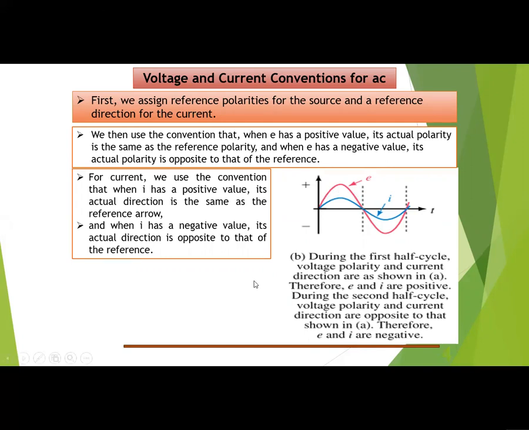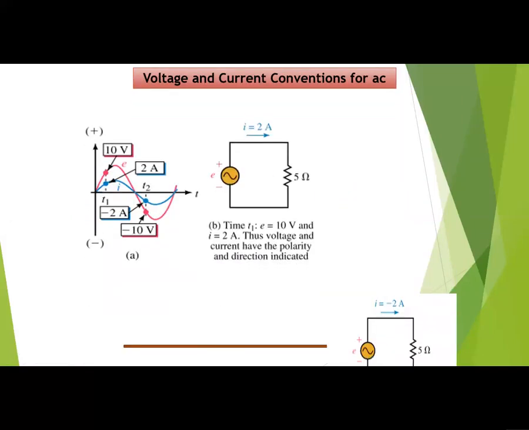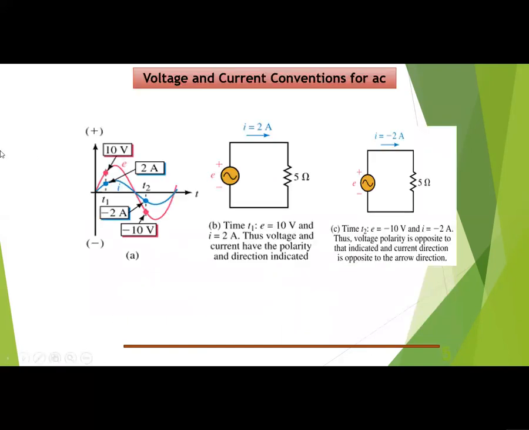See the next supply reference for the voltage and current flowing through the resistive part. These are the voltage levels. See at time T1 the voltage is 10 volt, and the current flowing through this circuit is 2 ampere.